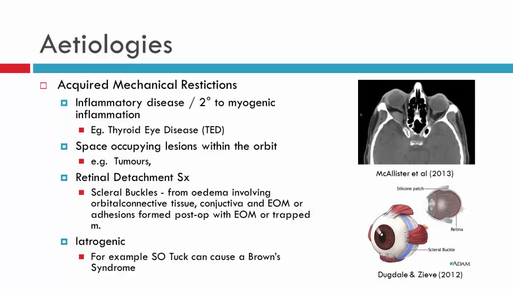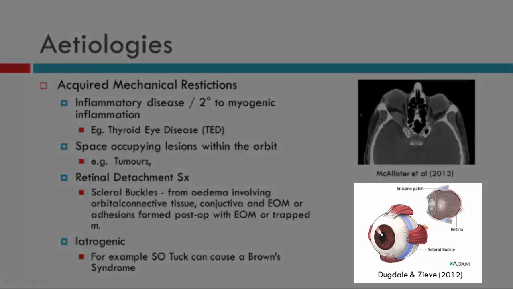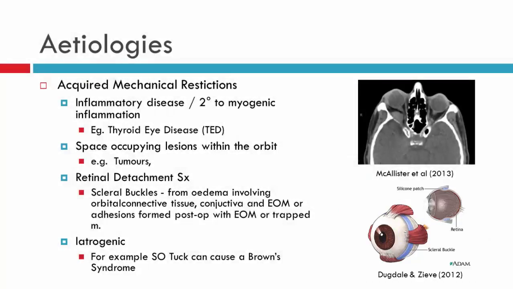Retinal detachment surgery can also cause mechanical restrictions, and specifically we're talking about scleral buckles, or when scleral buckles are used in retinal detachment. In this image here, we can see a scleral buckle that's been put on the eye, and you can see how close that is to the extraocular muscles there. And what can happen is limited eye movements can occur from edema involving the orbital connective tissue, conjunctiva and extraocular muscles.